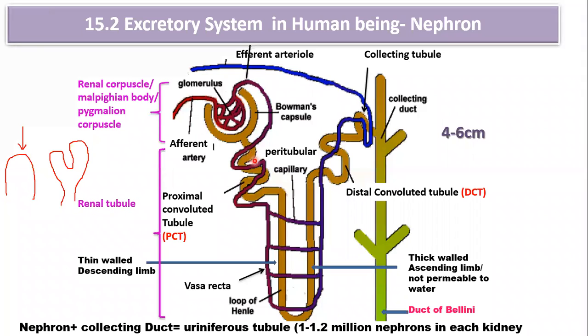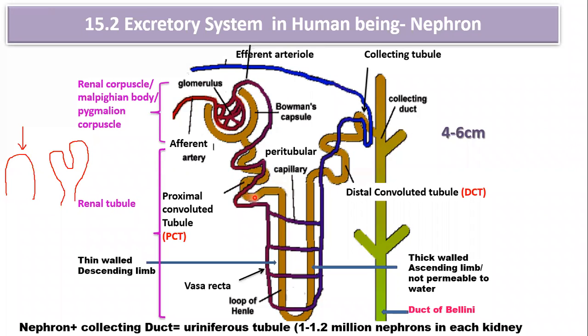This is a highly coiled part. It is lined by cuboidal epithelial cells with a brush border of microvilli. These microvilli are concerned with reabsorption, which means some important substances are selectively reabsorbed in the proximal convoluted tubule.